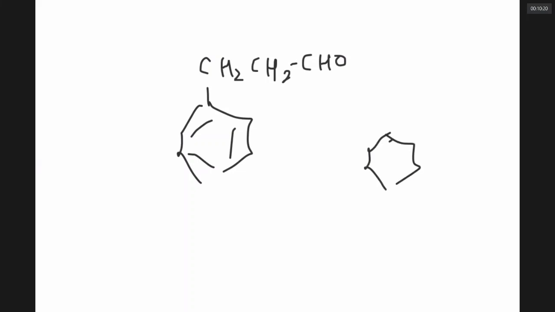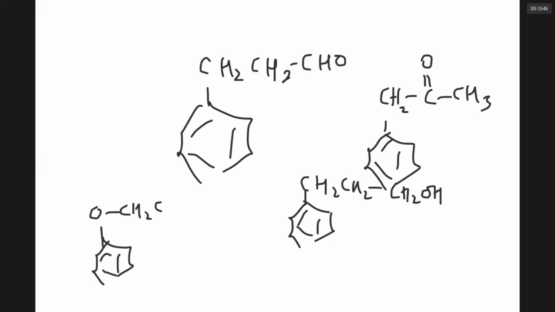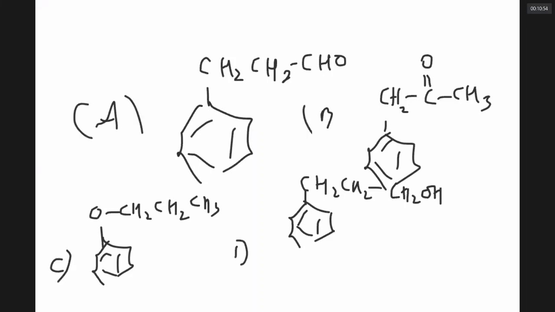Very clear. Now, if I have A, B, C, D, how many of these can give positive haloform test? 1-phenylpropanol, 3-phenylpropanol, Option B, sir.